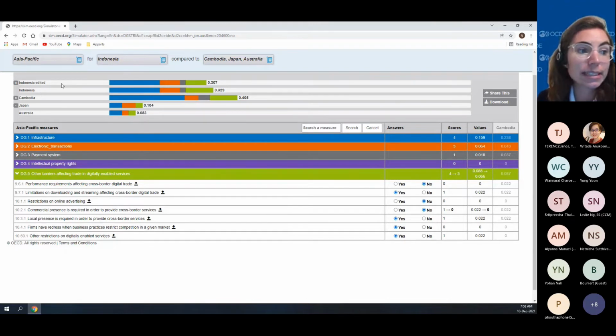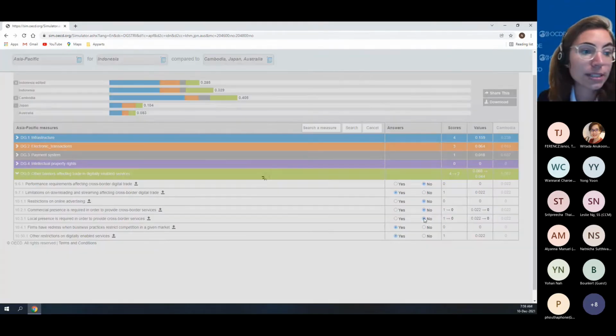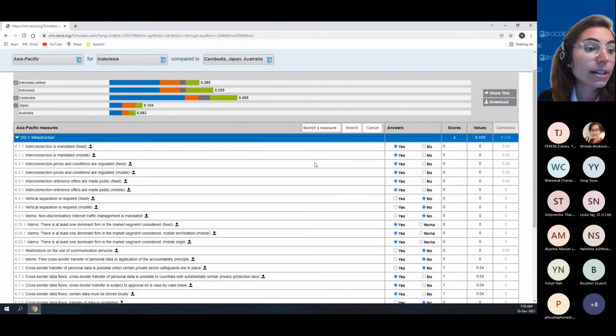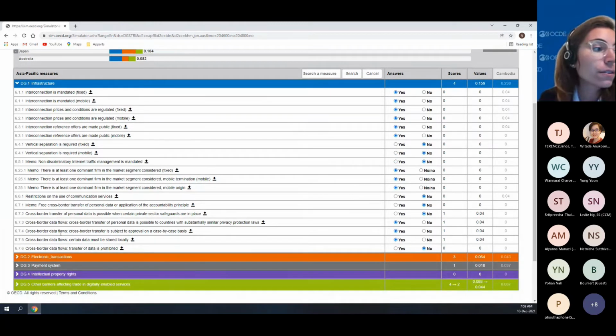So we see that it has reduced, and the same happens with the local presence requirement. Here, if there is a policy reform where this changes, the score also gets a bit lower, and the same happens here for the cross-border transfer of personal data.